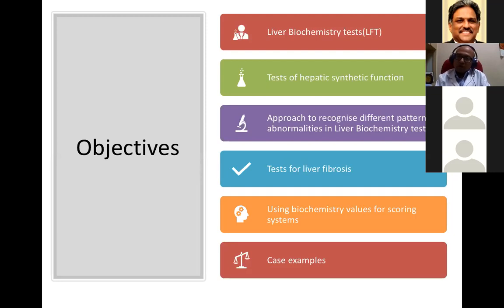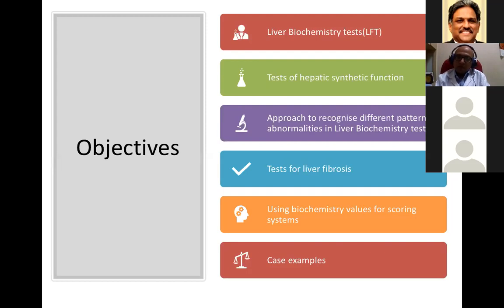There are tests that we can use to look at liver synthetic function, i.e. the albumin and INR, which we'll touch upon. And then we'll look at an approach to recognize different patterns of abnormalities in the liver biochemistry and how we approach it clinically.